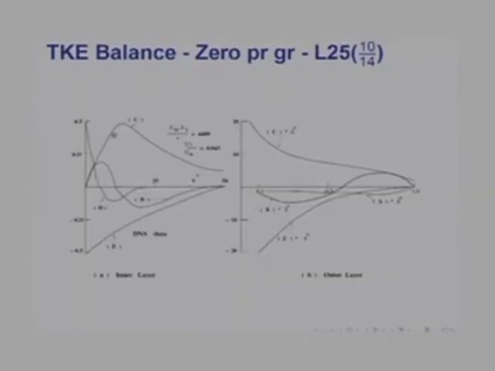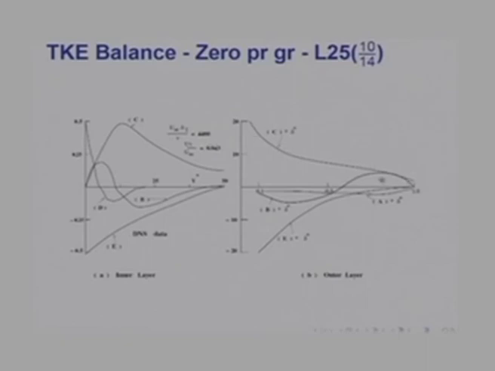The production term peaks at about y plus of 15 or 18 odd, which is really the middle of the transitional layer, and then begins to fall. It is transferred to this part here, and then it will ultimately go down to 0. So, turbulent kinetic energy production is large here, but slowly it is becoming smaller and smaller towards the edge of the layer.